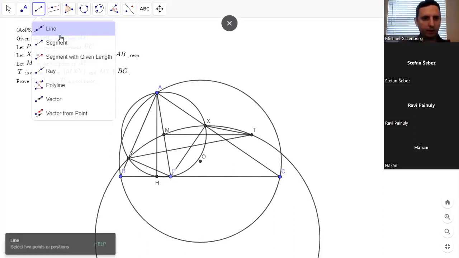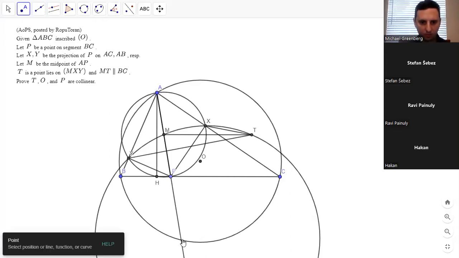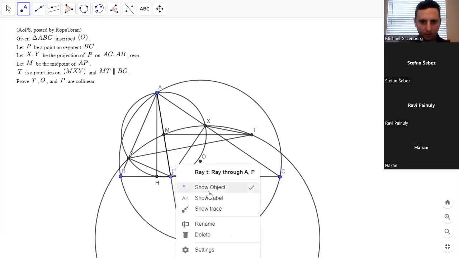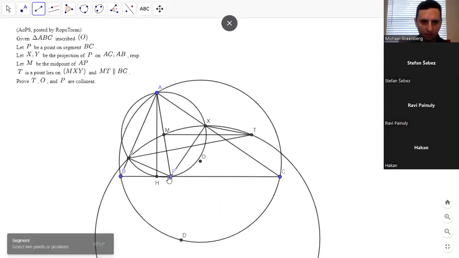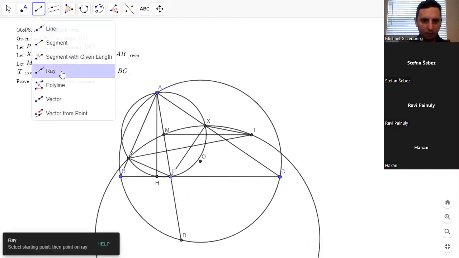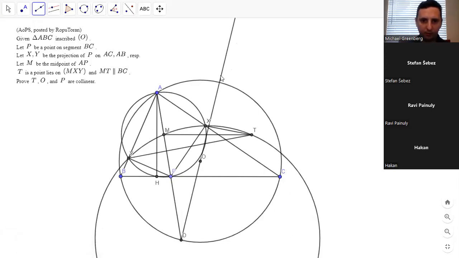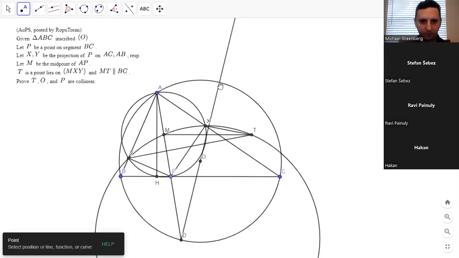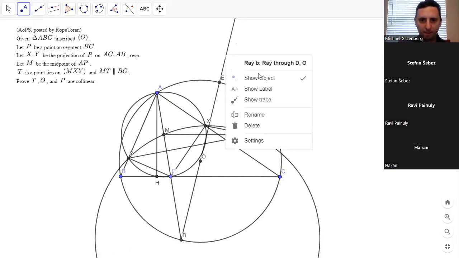So let's do this. Let AP meet the circle at a point. And then we could draw OD. So basically AYPX, if we draw this point, it's going to be similar. AYPX is similar to EBOC.